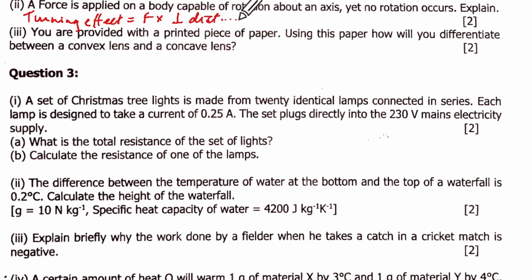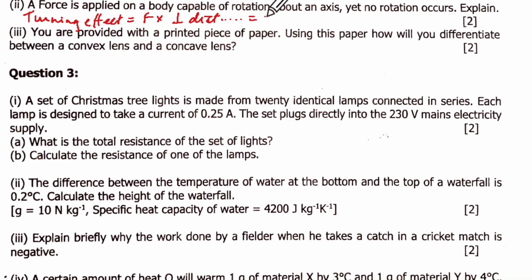The perpendicular distance of the line of action of force from the axis of rotation, correct? Now either the force should be 0 or the perpendicular distance should be 0, correct? Why? Because there's no rotation.